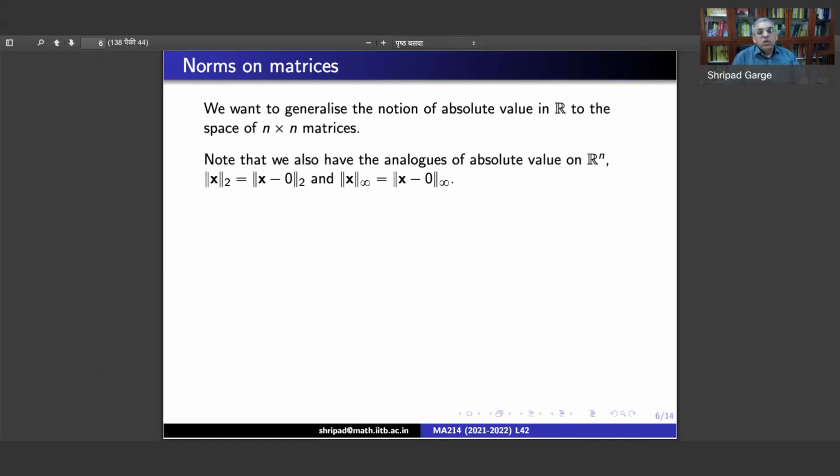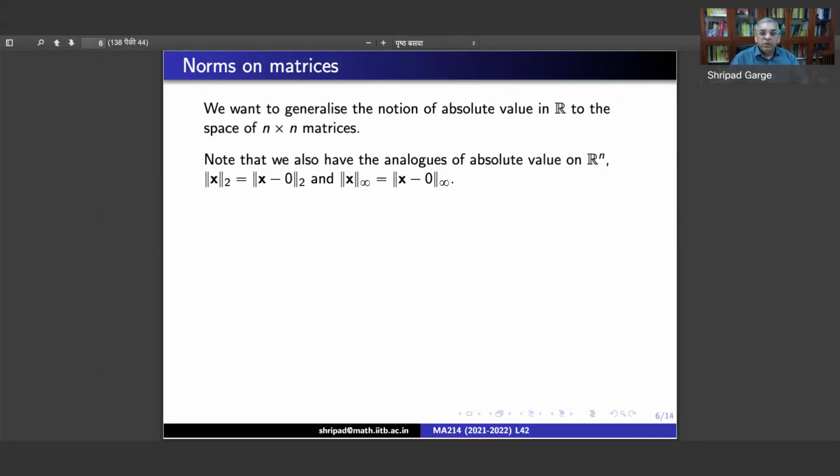So the L2 norm of a vector x is simply the summation of mod xi square, the whole thing raised to 1 by 2. And the L infinity norm is the maximum of mod xi. So these are the analogs of absolute value on Rn.